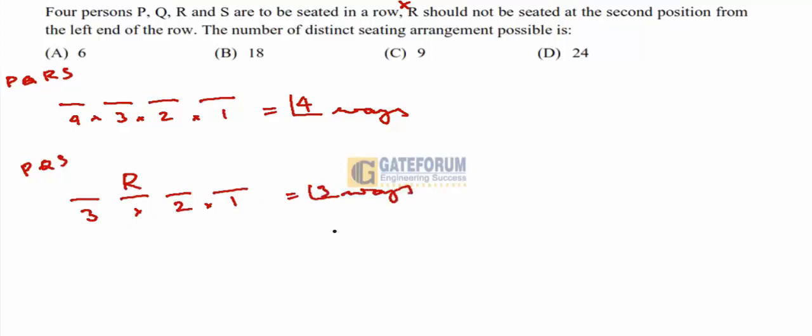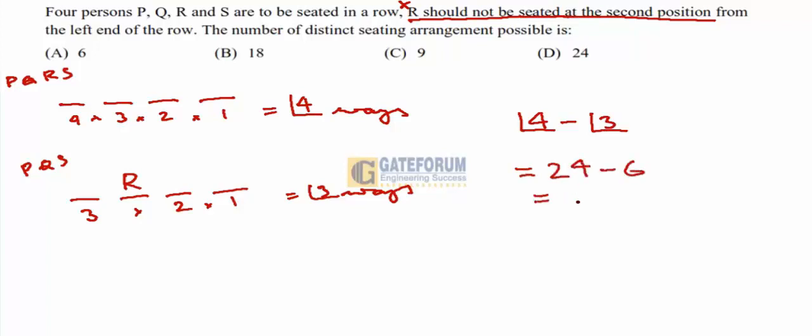Right? So here what will I say? The number of distinct seating arrangements where R should not be seated at the second position would be factorial 4 minus factorial 3. All these cases which are present in factorial 4, subtract that. The balance would give me where R should not be seated. So that is 24 minus 6. That is equal to 18. So the answer would be 18.